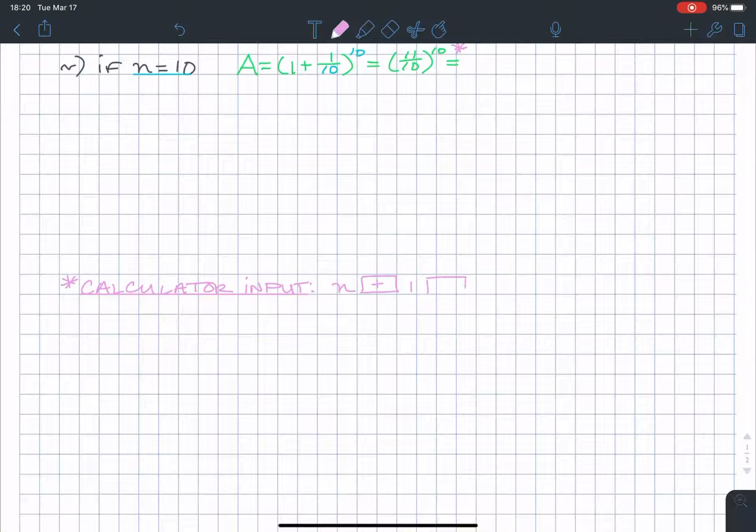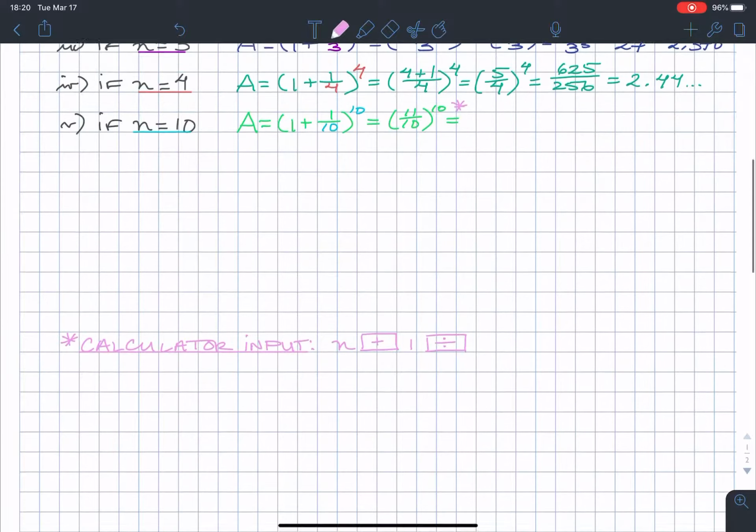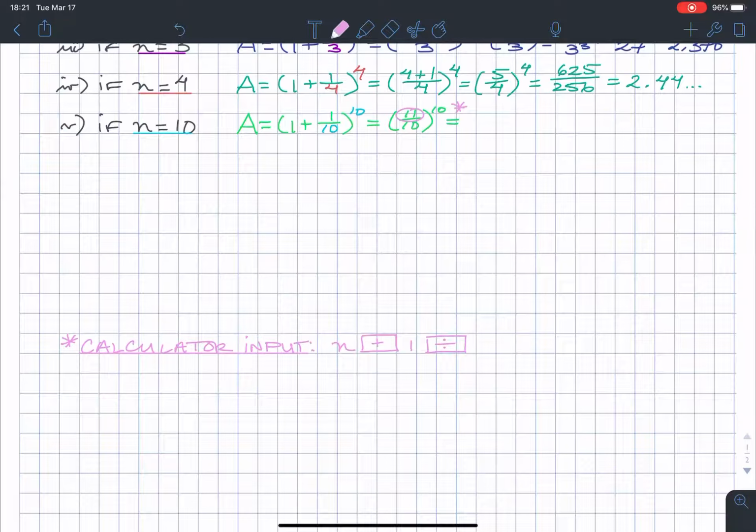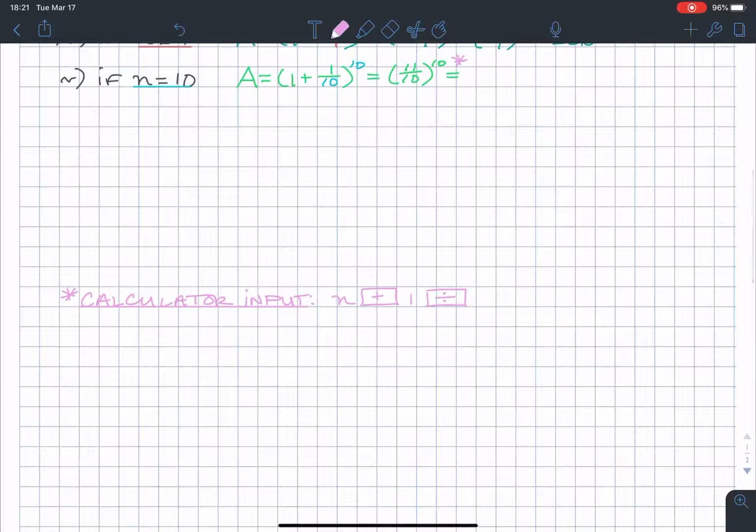Divided by n, right? For example, in this case, I've got 10 plus 1 divided by 10. Okay, so n plus 1 divided by n. Now you're going to press equals, because you want the value for the fraction. And then you're going to raise it to the 10th power.